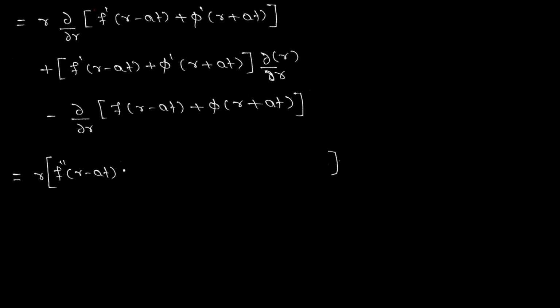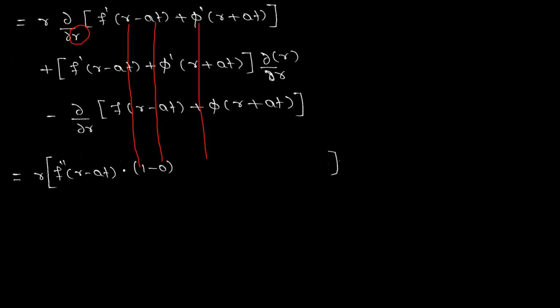Differentiation of f dash, that is when we apply dou by dou r on f dash, it gets to f double dash of r minus a theta into derivative of r minus a theta, by using the chain rule. Differentiation of r is 1 and differentiation of at is 0 because we are differentiating with respect to r.